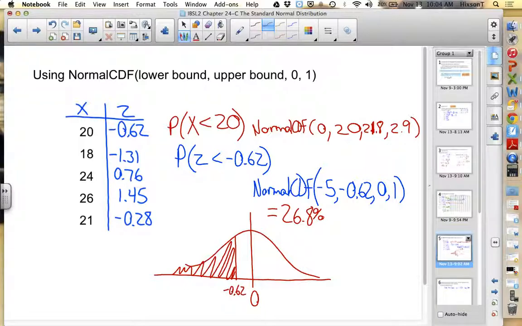So we've got to go to negative infinity. That's why we put a negative 5, because that's 5 standard deviations down, up to a negative 0.62. Okay?